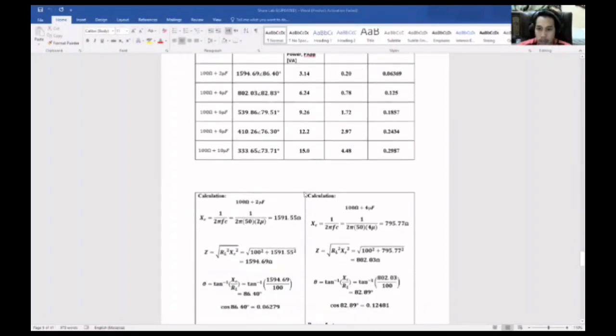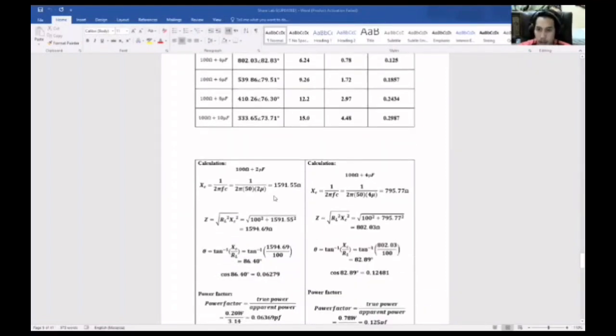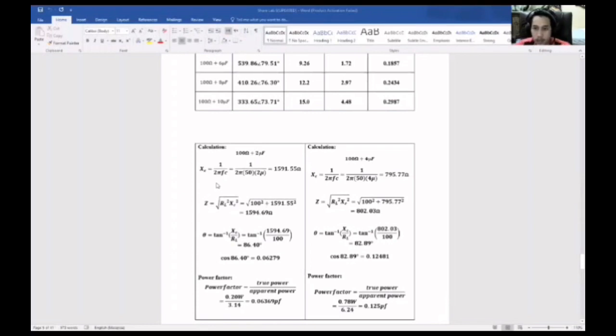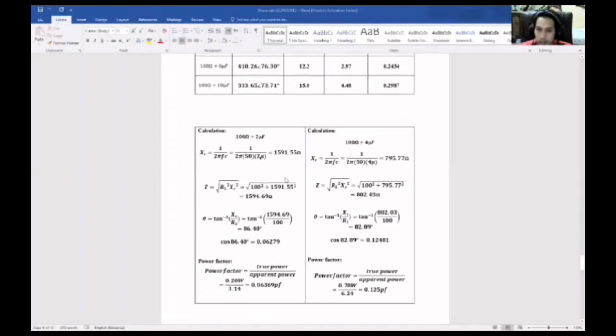Okay, first of all, in the calculation, we need to use this formula, which is Xc equals 1 over 2 pi f c. So we put the values in the formula. After that, we need to use this formula Z equals the square root of RL squared plus Xc squared.